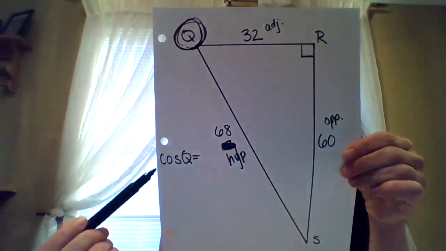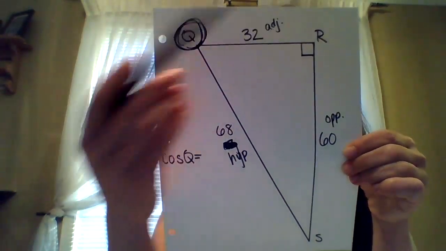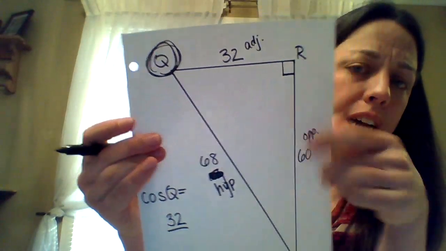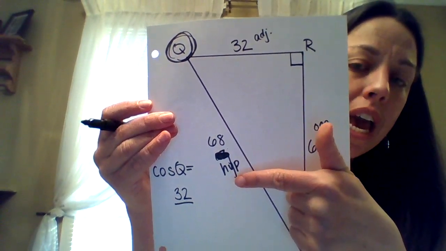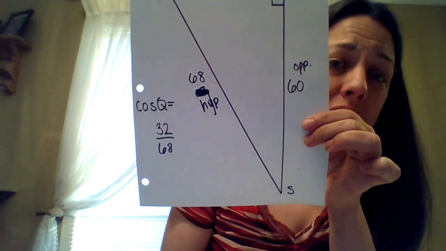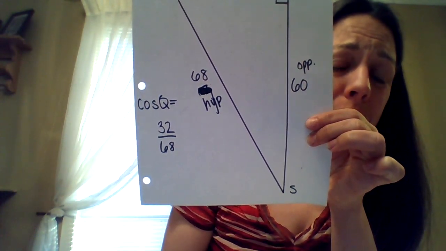We've labeled them. Cosine of Q should be adjacent, which is 32. Sorry, I'm going to write it below my thing just because I know I need a little bit more space. Adjacent was 32, and hypotenuse is 68. But what would you like to tell me about 32 and 68? They're both even.